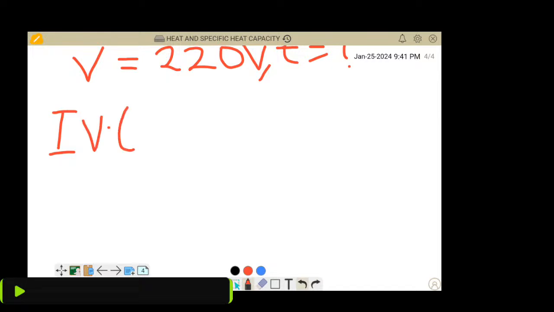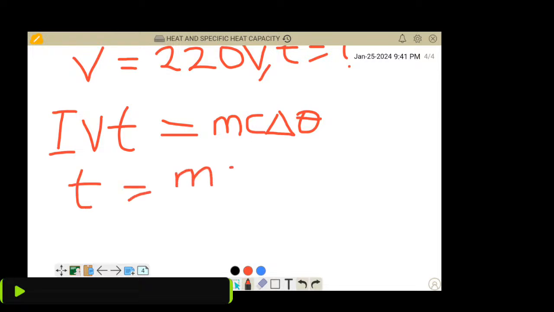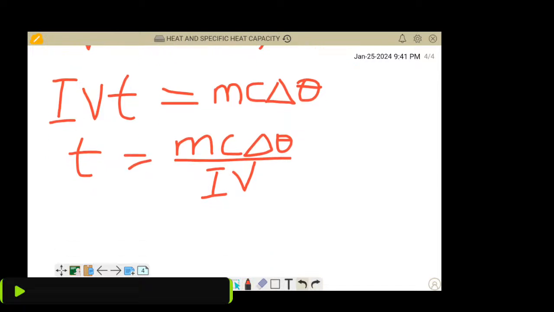We are going to equate it to the quantity of heat energy supplied to the water, and with this we can easily make T the subject of the formula in this equation by saying T equals MCΔθ over IV, and with this we can calculate how long it will take.